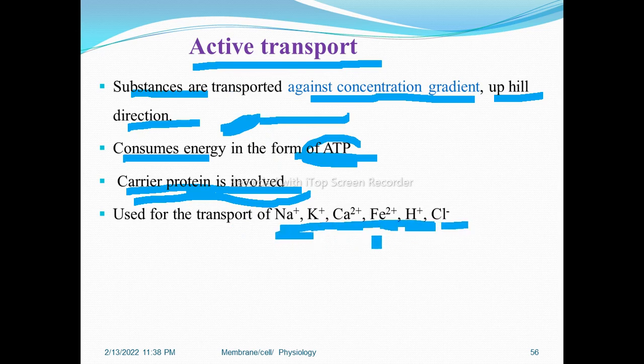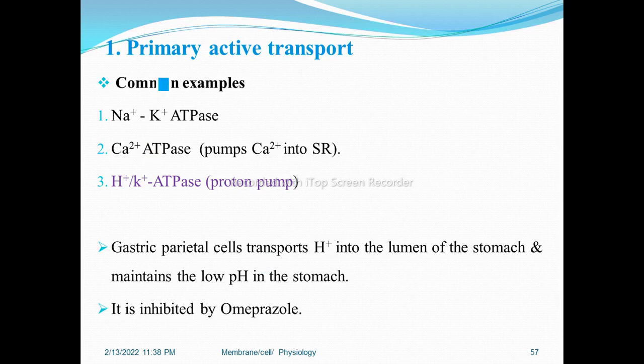So active transport can be divided into two: primary and secondary active transport. An example of primary active transport is sodium-potassium ATPase. That means sodium-potassium ATPase is an example of primary active transport.